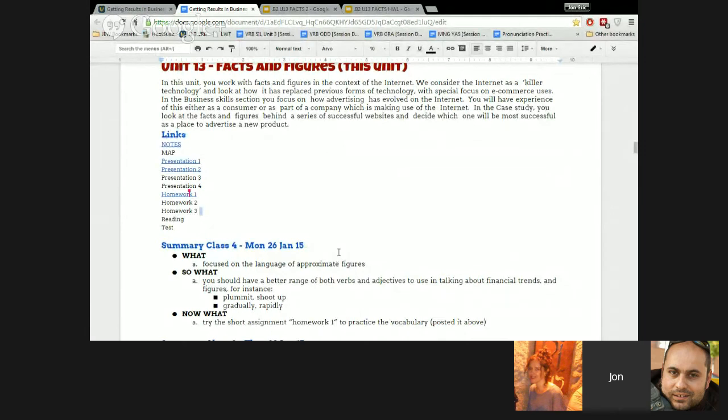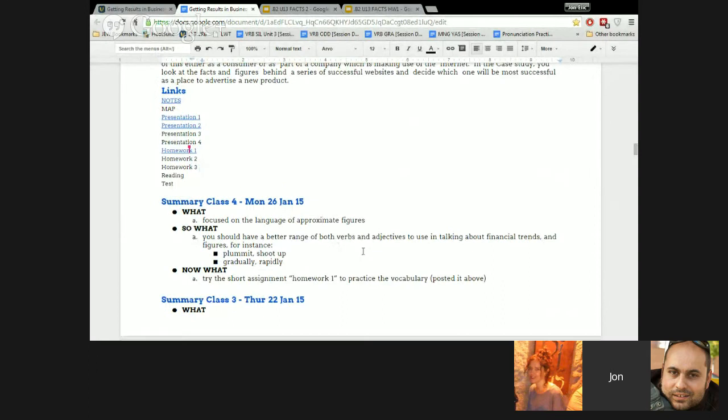So a quick summary from yesterday. Yesterday we focused on the language of approximate figures, fractions, dates, percentages, and we added a new skill, which was to talk about approximate numbers: slightly above, slightly below, gradually, rapidly, a crash, a spike. All of those great words you can use to talk about how financial trends occur. So what was the point?